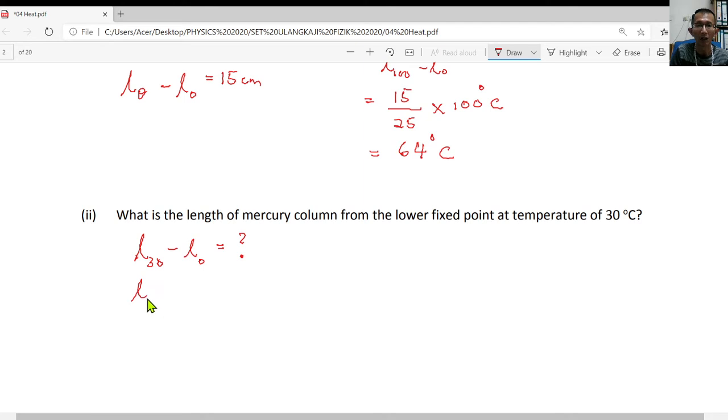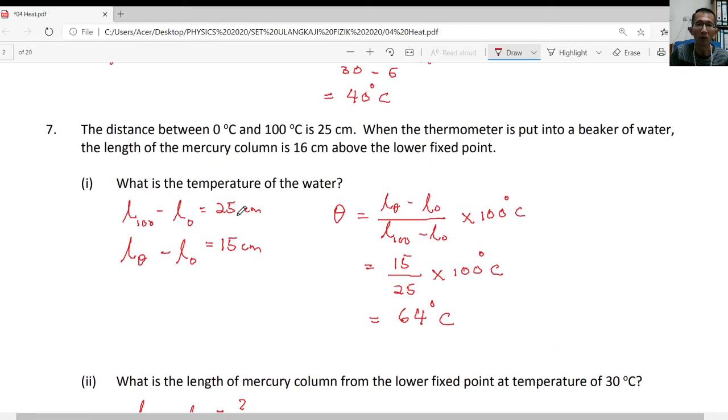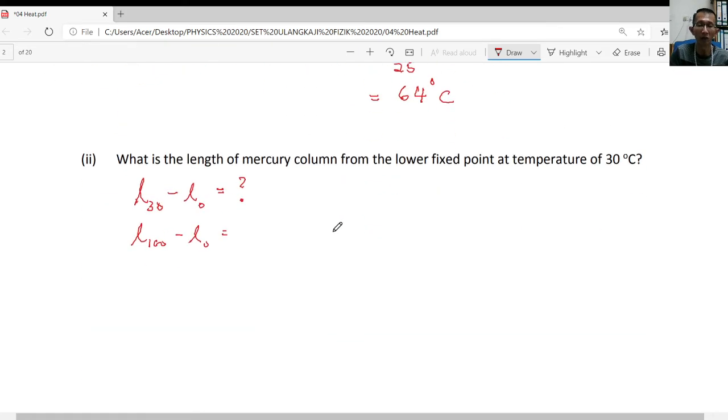L100 until L0 is given before, that will be 25 centimeter. So I will just write here 25 centimeter, and then theta is given, 30 degrees Celsius.